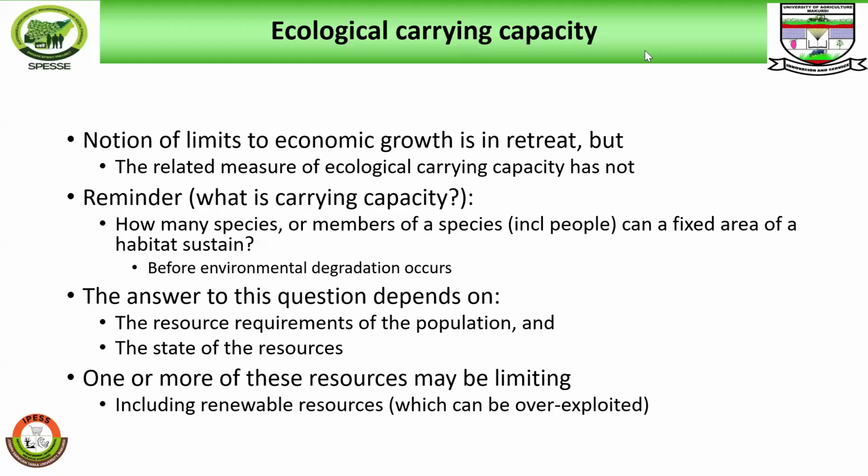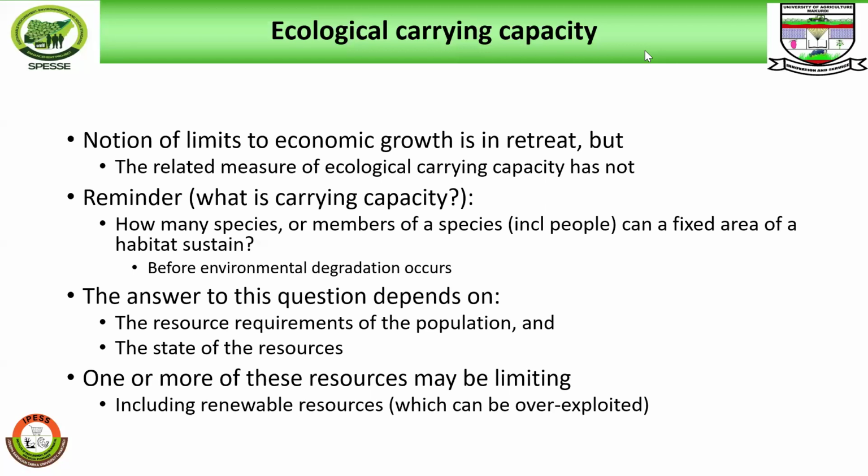A notion called ecological carrying capacity. What is the capacity of that environment to carry degradations? The notion of limits to economic growth is in retreat, but the related measure of ecological carrying capacity has not. And what is carrying capacity?